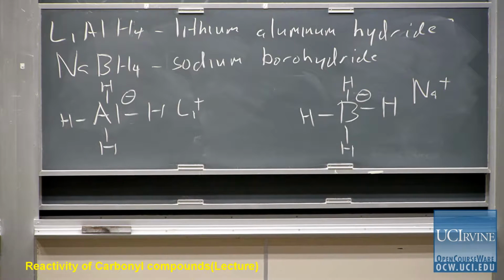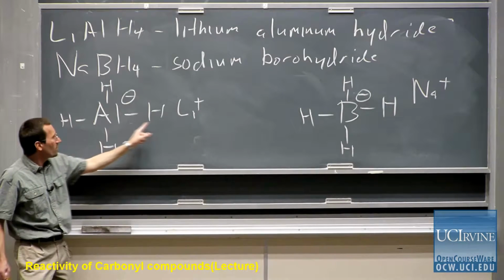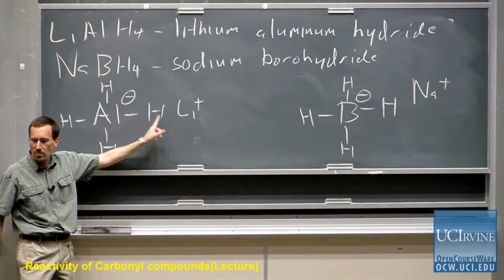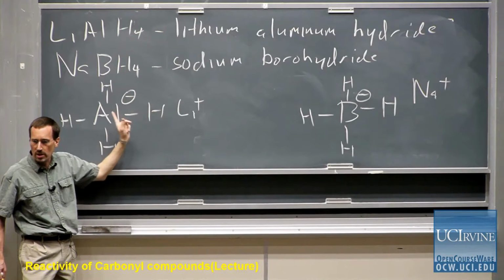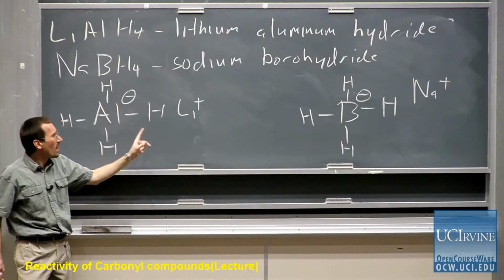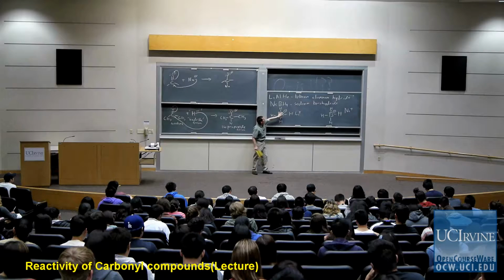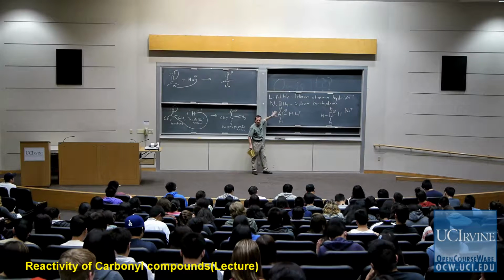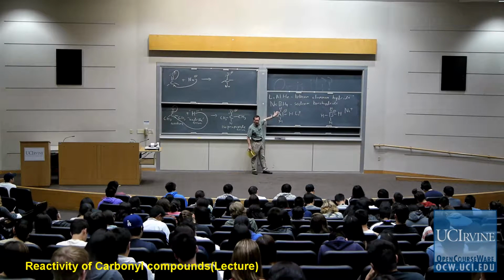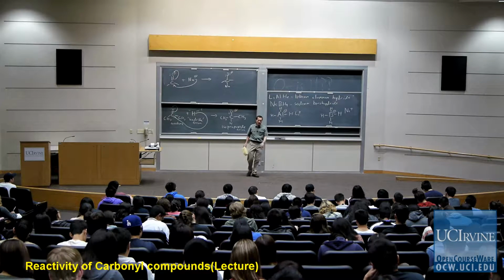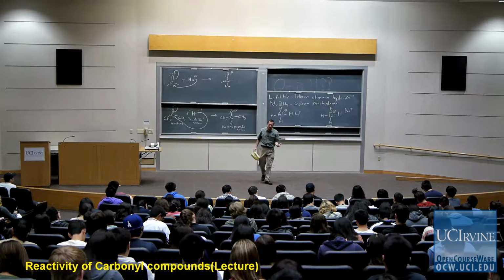In other words, in all of these species, you have the bonds polarized to having more negative charge on hydrogen than on the metal. But in the case of aluminum hydride, they're even more polarized. In other words, aluminum hydride is a more reactive anion. Lithium aluminum hydride is more reactive. And you can see this in the laboratory immediately.